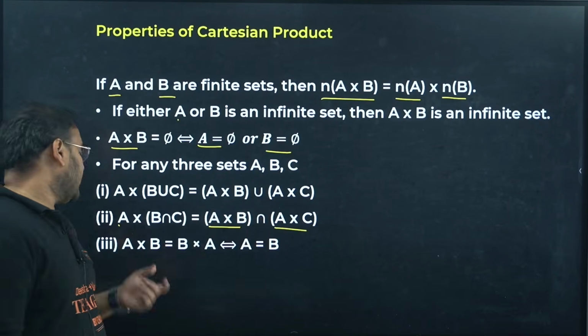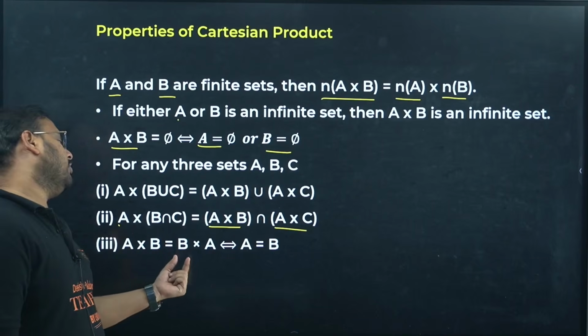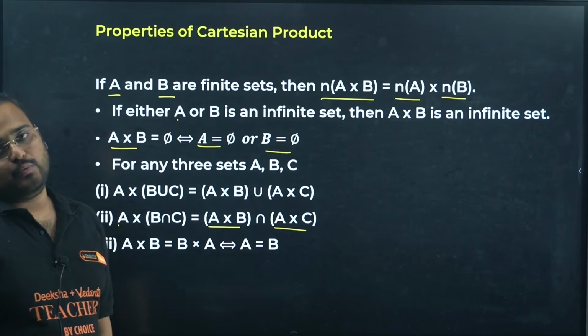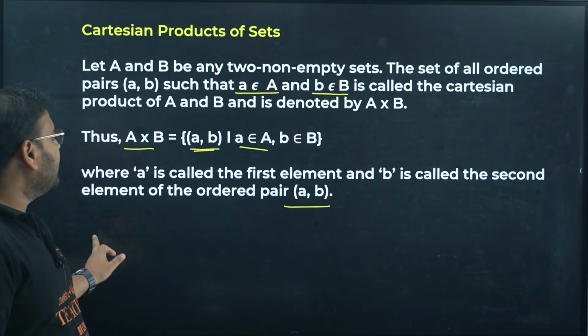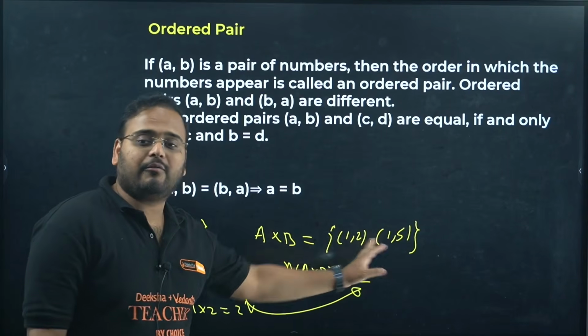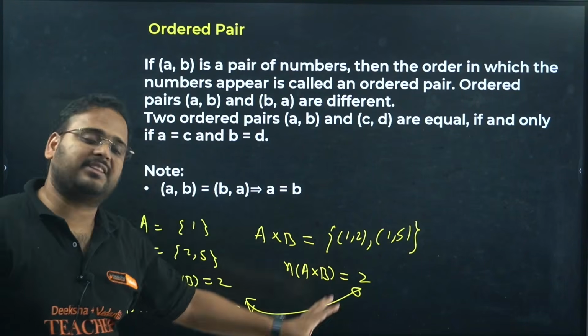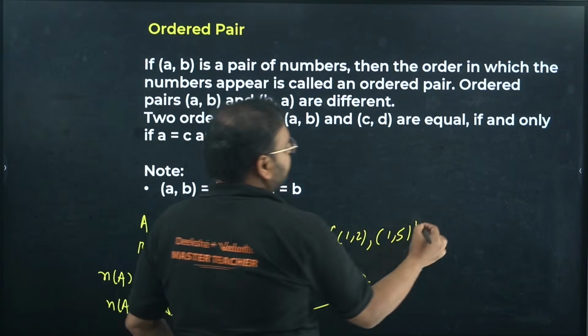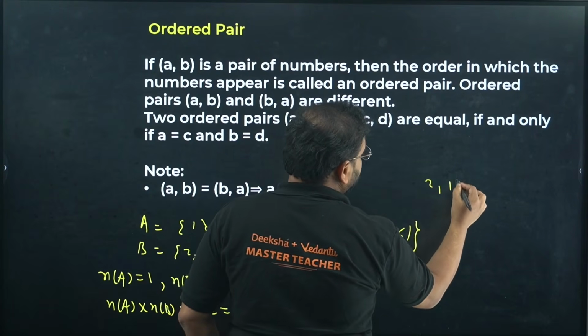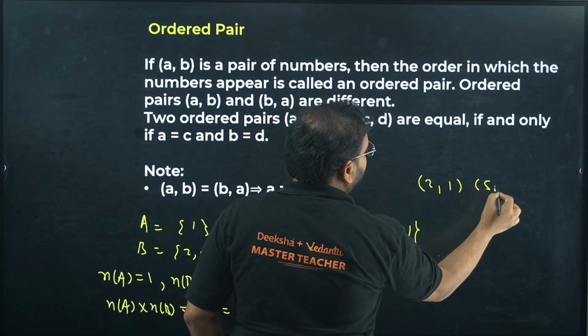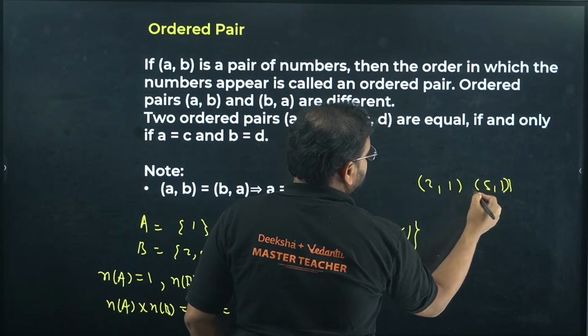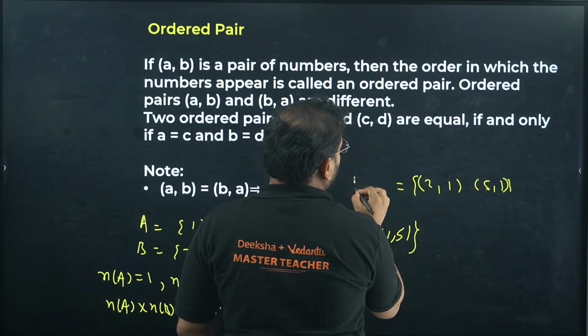Correct? A cross B and B cross A are equal means A and B are equal. That's why I said that you cannot take 1 2 and 5 1 as 2 1 and 5 1. It is not possible. That's a different thing. If I take here 2 1 and 5 1 as ordered pairs, then this will be B cross A actually.